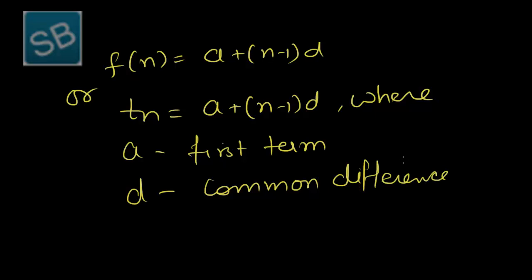So Tn is equal to a plus n minus 1 times d is the general term of an AP.